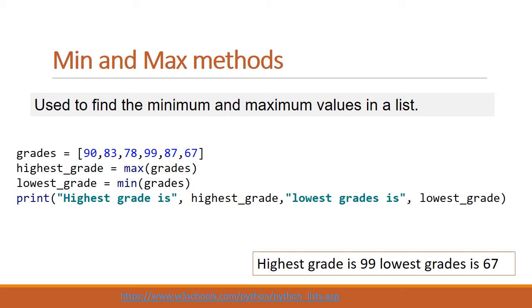We can use the built-in min function, pass in our grades list, and it will return the minimum value in the list. When we print them out in this example, we can see that the highest value is 99 and the lowest value is 67.